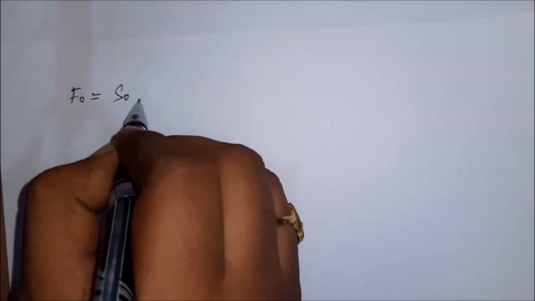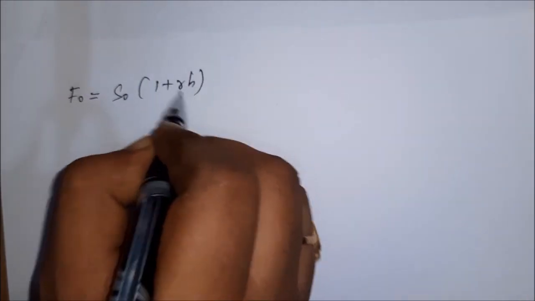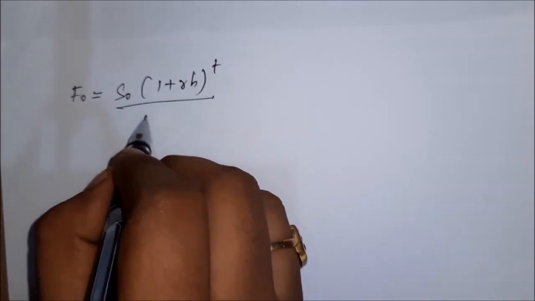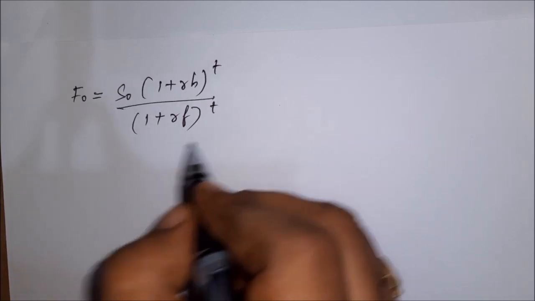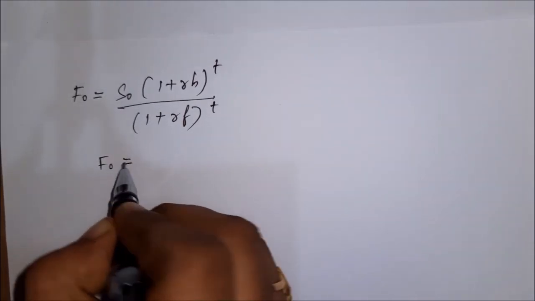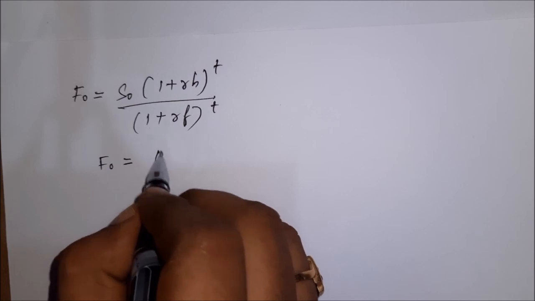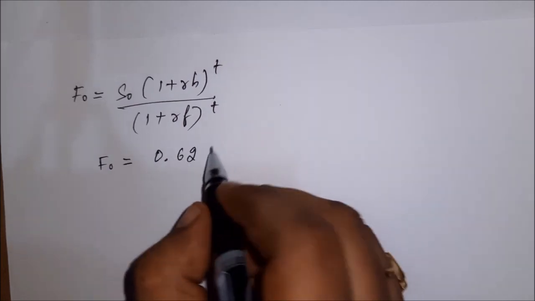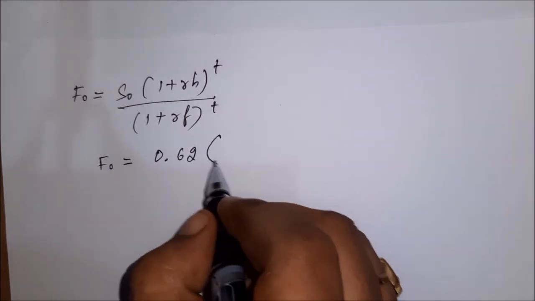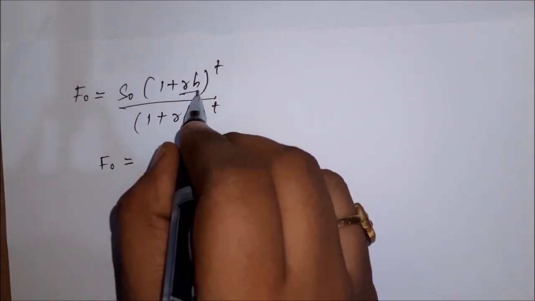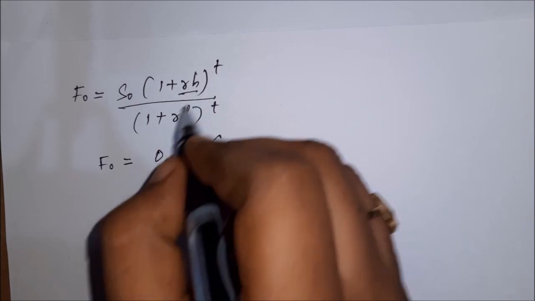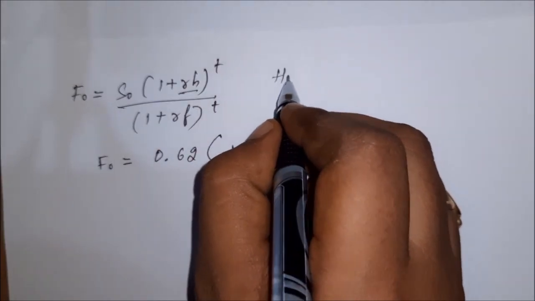Put all this information into the formula. The formula is F naught is equal to S naught into (1 plus RH) to the power T divided by (1 plus RF) to the power T. So F naught is equal to S naught, how much? The spot rate is given, that is 0.62, in bracket 1 plus RH, the rate of home currency.